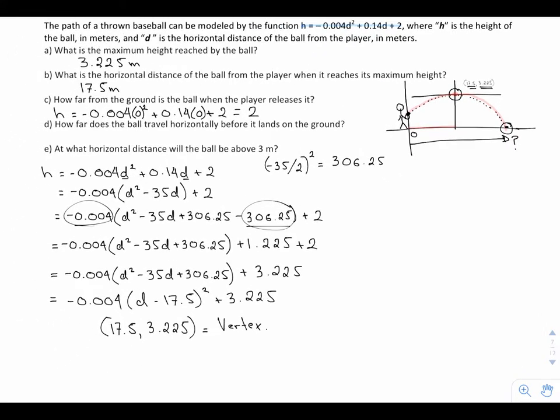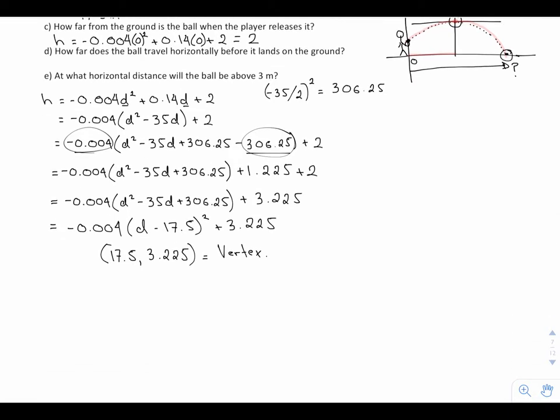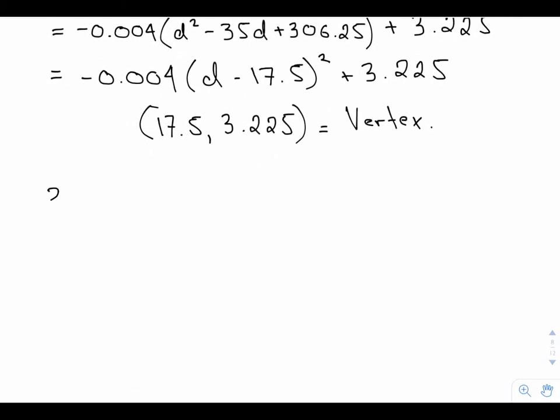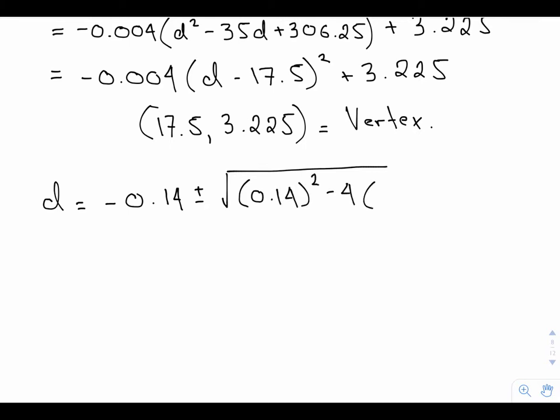So for part D, how far does the ball travel horizontally before it lands on the ground? I say we use the quadratic formula. And that is, in this case, not for x, but I'm going to do it for d, equals negative 0.14. So that's my b value, the negative of it, plus or minus the square root of 0.14 again, squared though, minus 4.